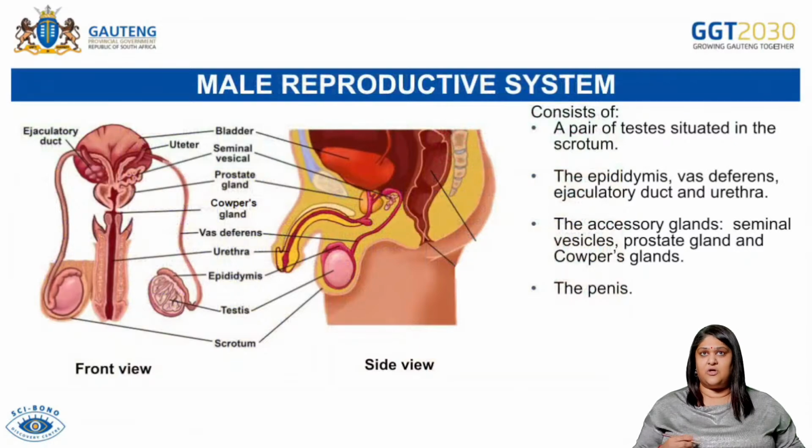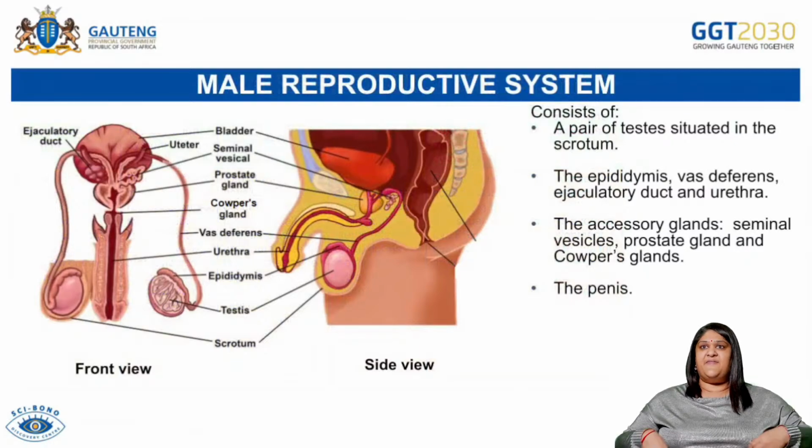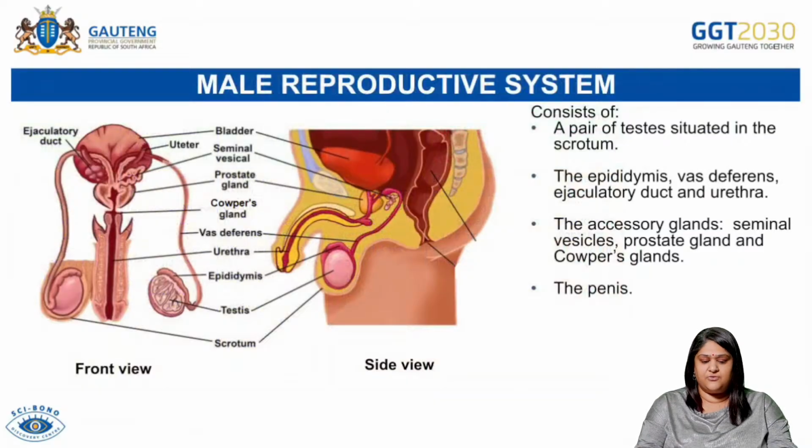Make sure you also know, in life sciences, they don't generally ask you, give us the function of the vas deferens. They will tell you, if the vas deferens is damaged, how does it affect fertility? That's how they're going to ask you questions. So then you must ask yourself, okay, what is the function of the vas deferens? The function is to transport the sperm cells.